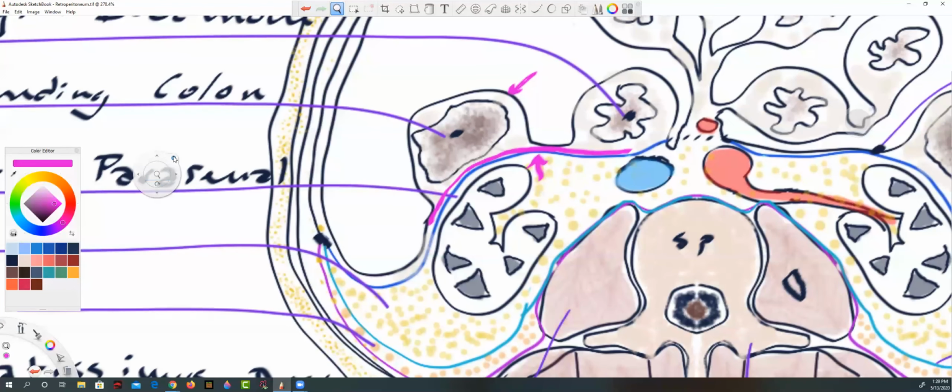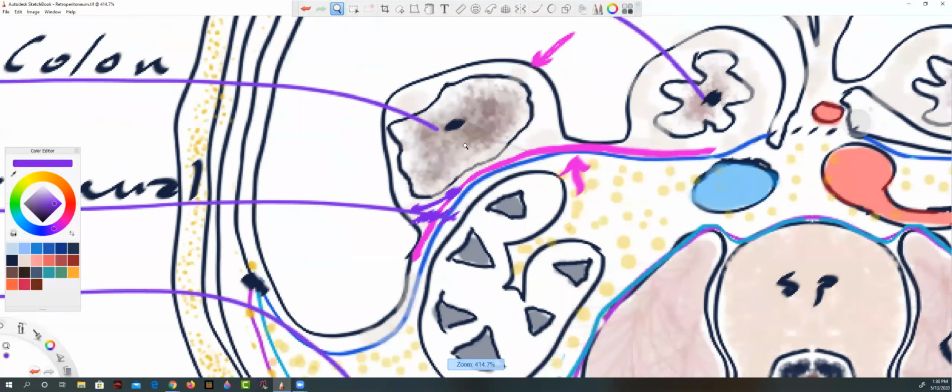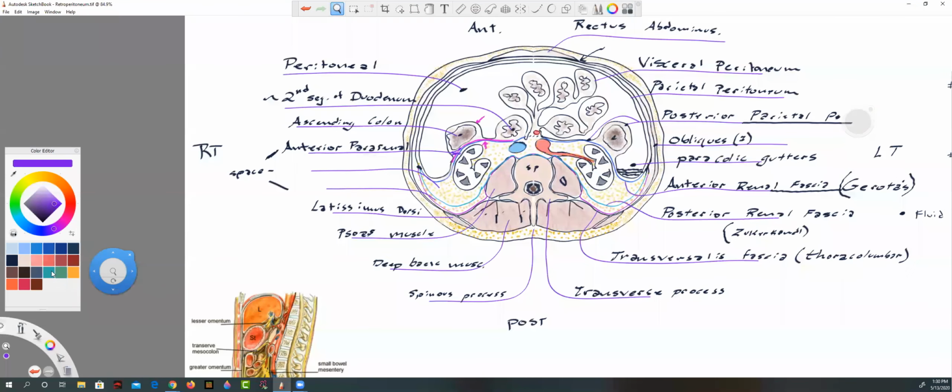Now I've got to do something here. That's just going to drive me insane. Okay, I have to fix my line. All right, let's get back to regular colors. Okay, so that's the anterior pararenal.